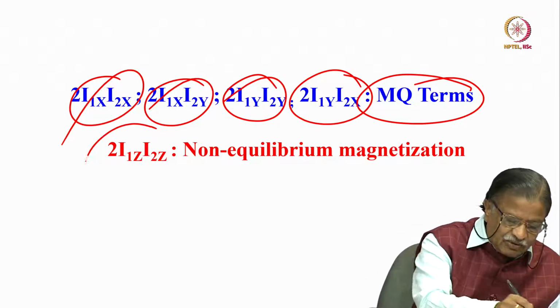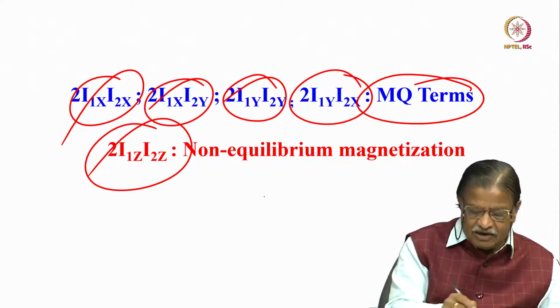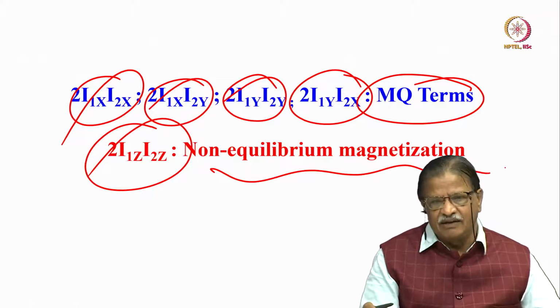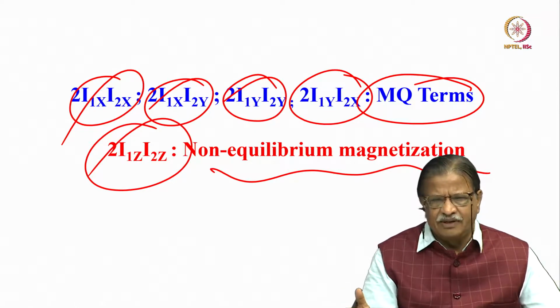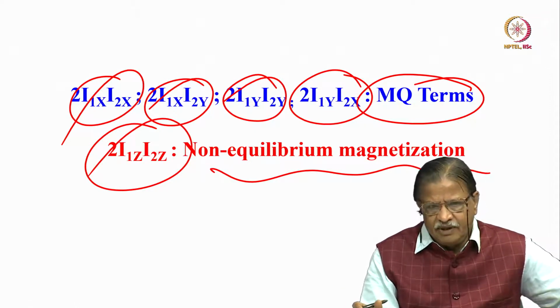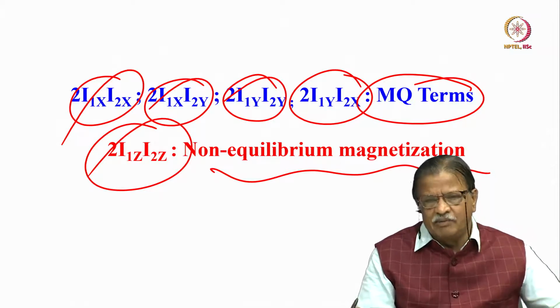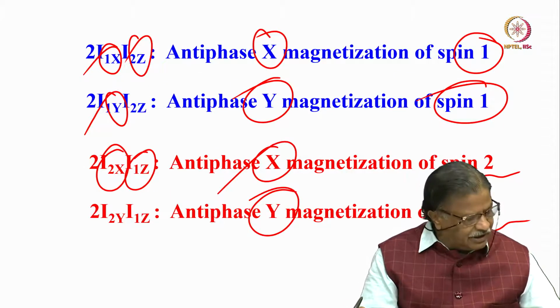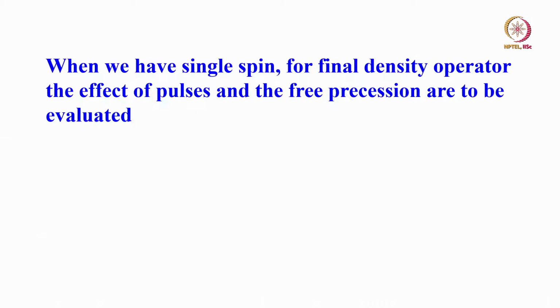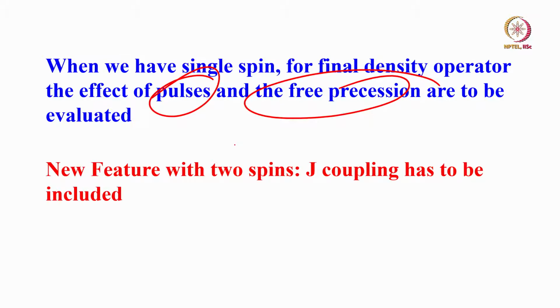And the product 2 I1z I2z is called a non-equilibrium magnetization along the Z axis. It is a non-equilibrium magnetization. That is all. You do not have to worry about it. That will not generate any observable magnetization. And when we have a single spin, for the final density operator, we have to consider the effect of pulses and free precession. But when we have 2 spins, the new feature is we need to consider J coupling also, that has to be included.